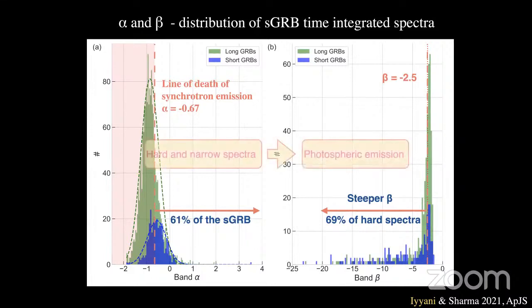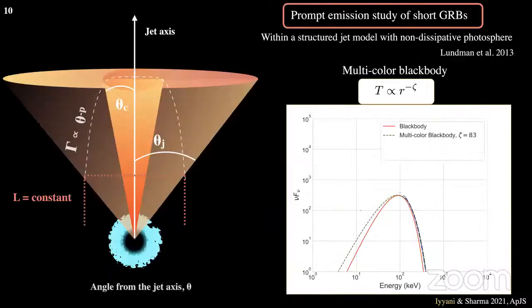So we're talking about a spectral shape which is quite hard at the low energy part of the spectrum, and at the high energy part it's very steep. That means it has a hard, narrow kind of spectrum, and it points towards the emission mostly originating from the photosphere.